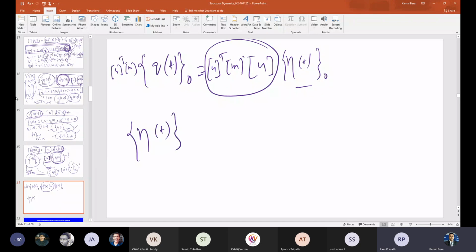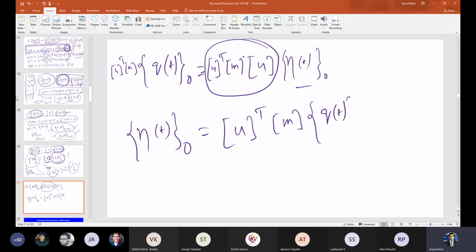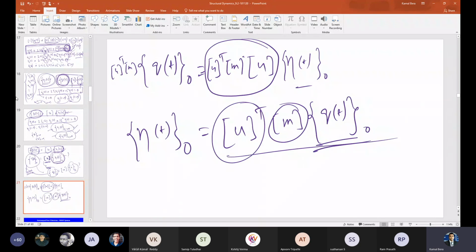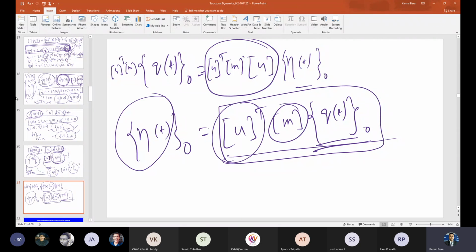So eta at 0 equals u transpose m q at 0. This is given to you. This is known to you. You just multiply it. No inversion, nothing. Whether it is a square matrix or not square matrix, it doesn't matter. Okay. Just multiply it and find out the initial condition in the modal coordinate. So this is the initial displacement. Similarly for velocity in modal.